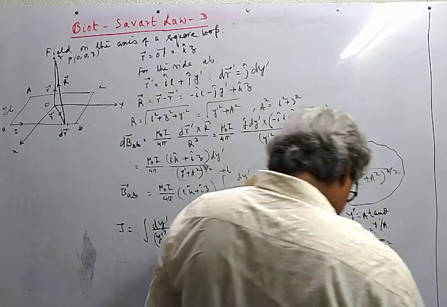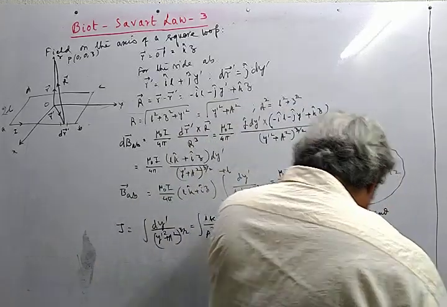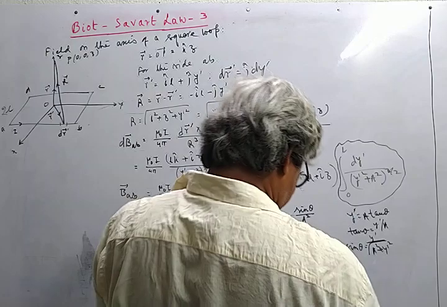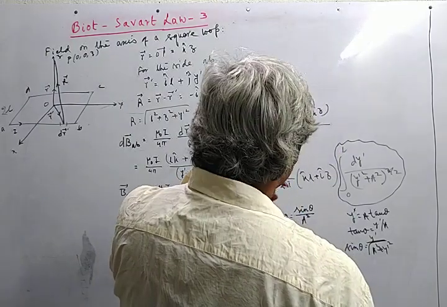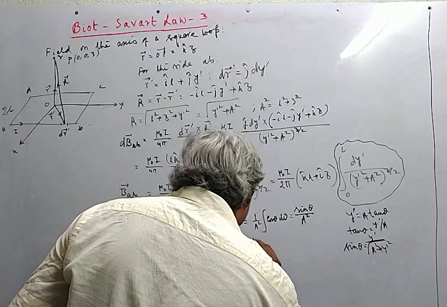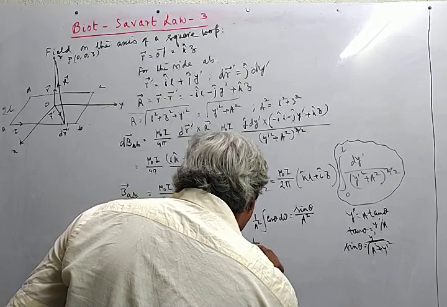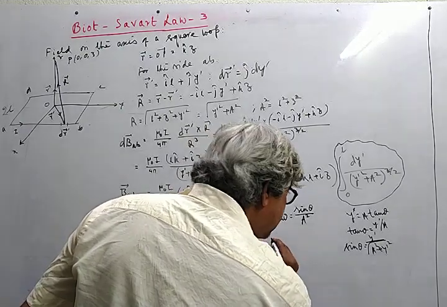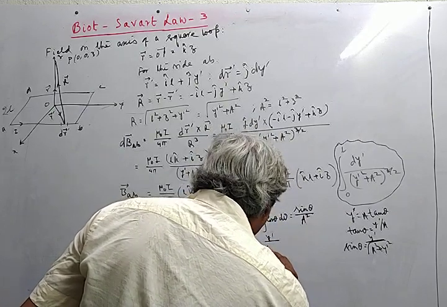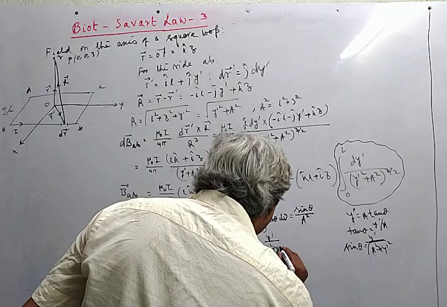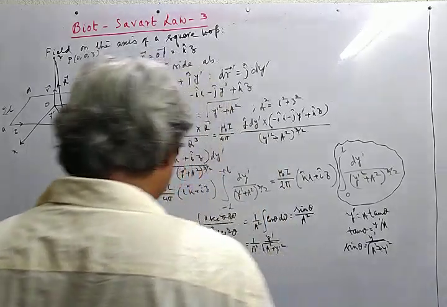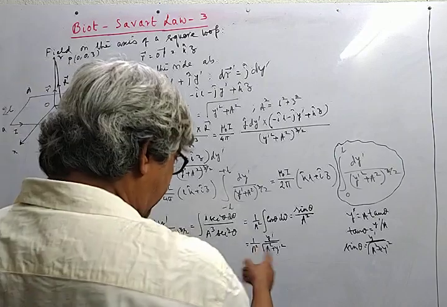Keeping in mind the value of a, we come to the conclusion that it is 1 by a square times y prime by square root of a square plus y prime square. This is with proper limits.